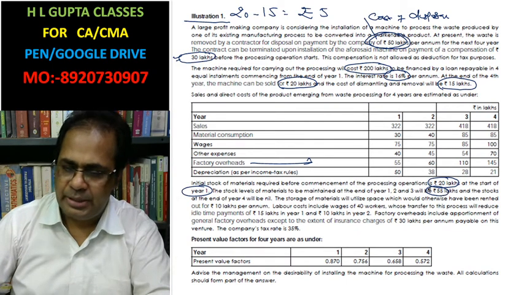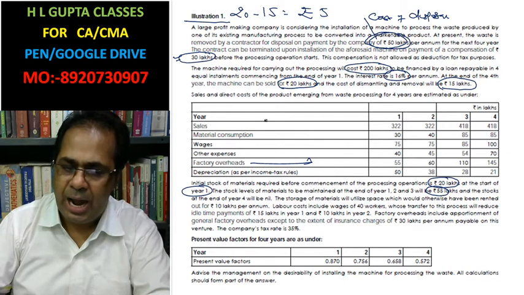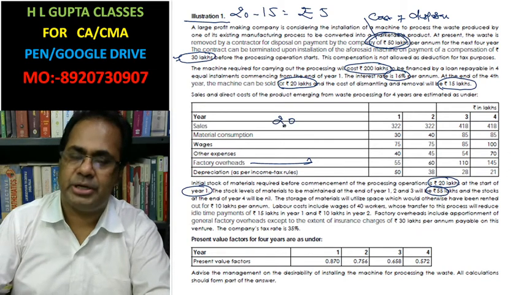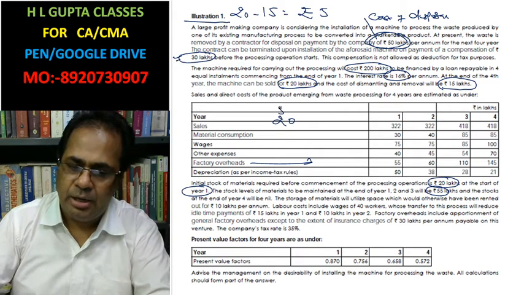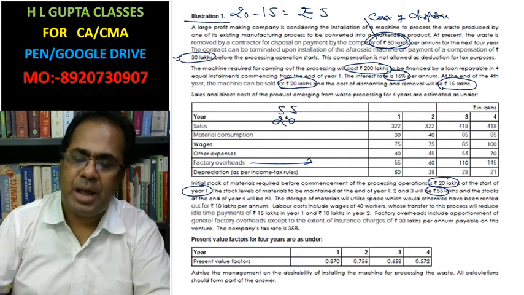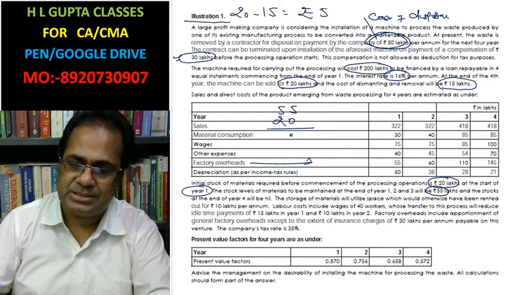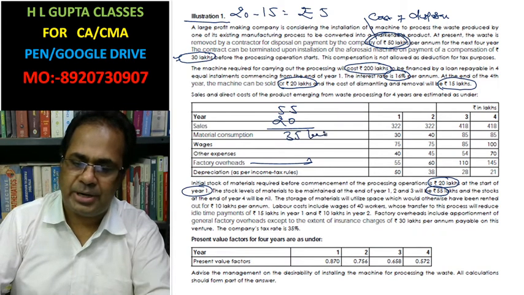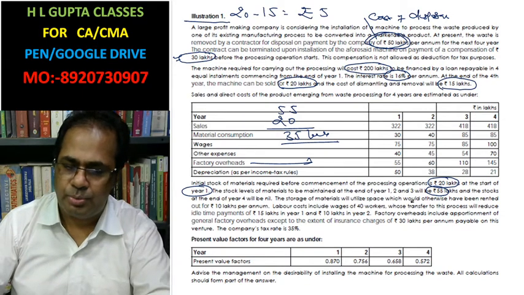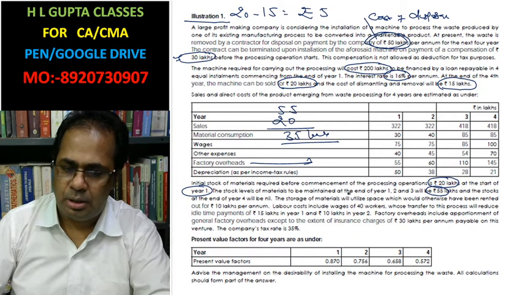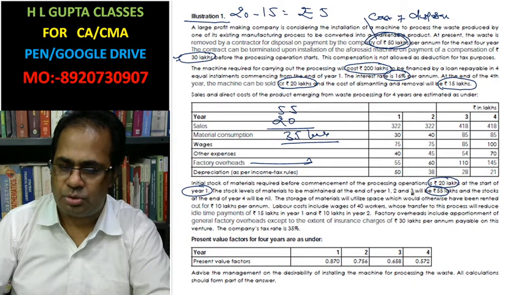It means initially you have to invest 20 lakh in material stock, and each year you should have 55 lakh. So an additional 35 lakh of material has to be introduced.